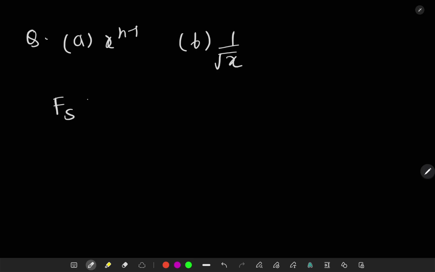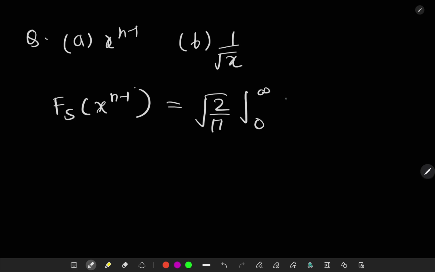Now Fourier sine transformation is denoted by this, so we can use root 2 by pi integral 0 to infinity, where f of t is x raised to power n minus 1 into sine sx dx.